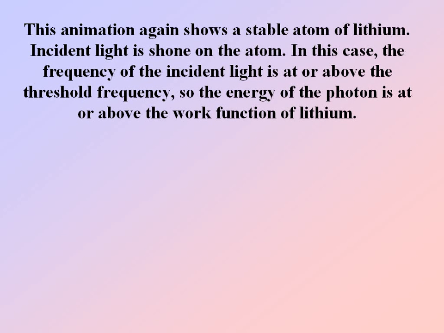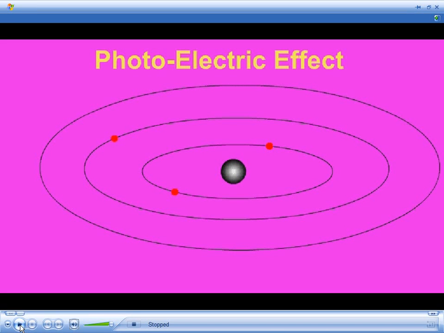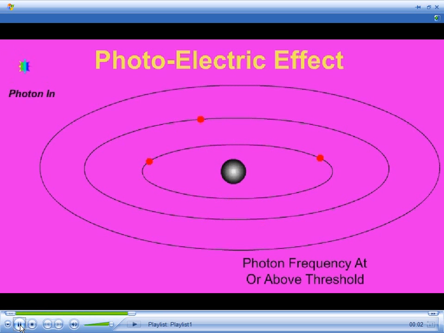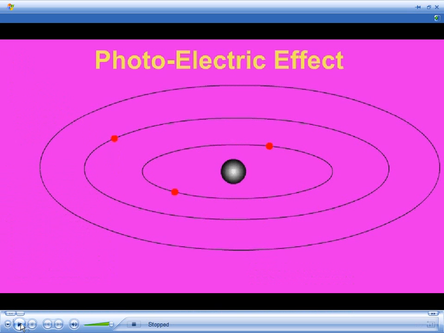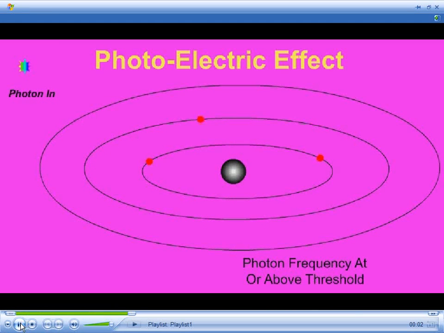In this second animation, we show the same lithium atom, this time bombarded with incident light where the frequency is greater than the threshold frequency required by the cathode. We can see that the photon comes in.